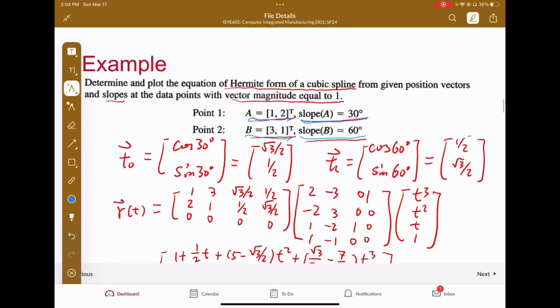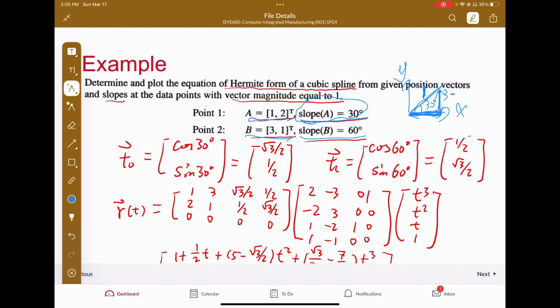So you can convert this to a vector, if you have an axis, x and y, right? Your slope is 30 degrees. And the vector will be, x will be this long, and y will be this long. Imagine this is 1. This is the scale you have.